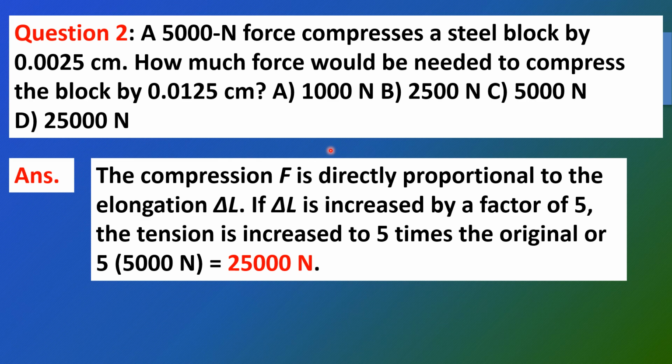So that's an increase of a factor of 5. So if delta L is increased by a factor of 5, the force is also increased to 5 times the original value, or 5 times 5,000 Newton, which is 25,000 Newton. So our answer to this question is letter D, 25,000 Newton.